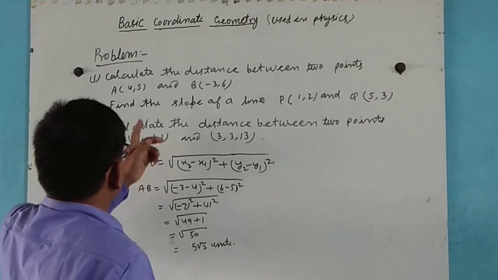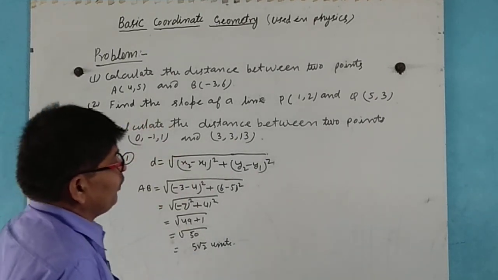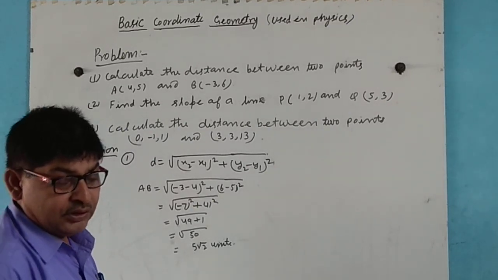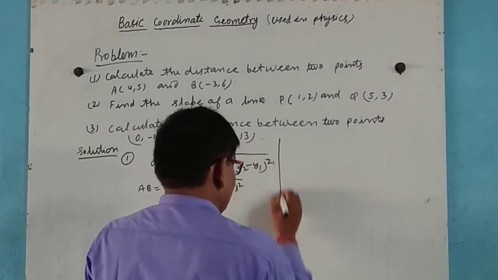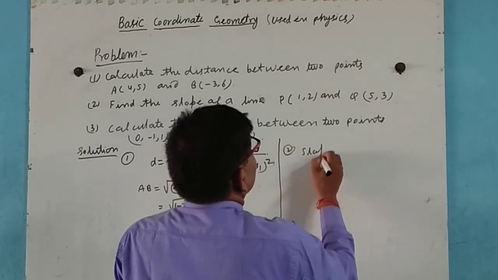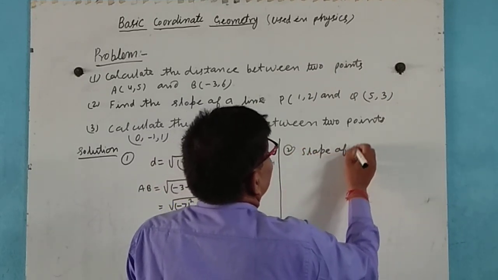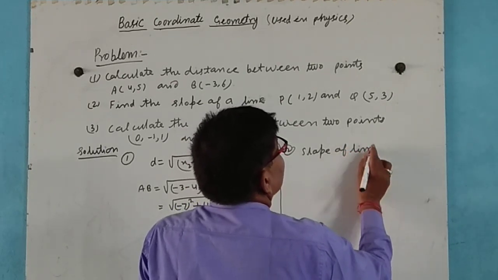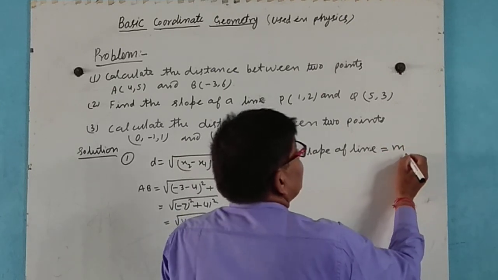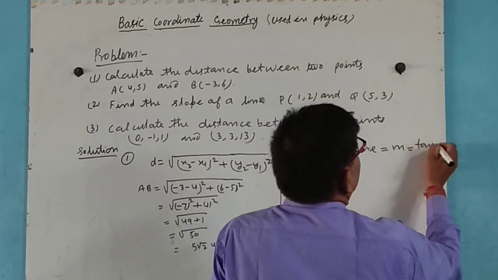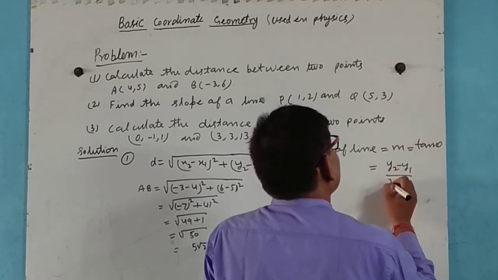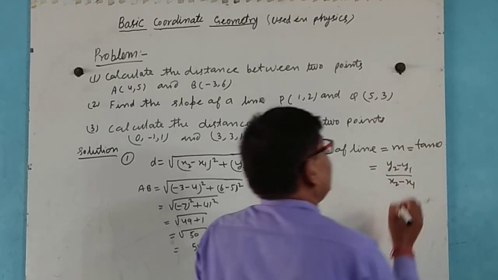Now second problem, find the slope of the line P and Q. As you know, slope of line m equal to tan theta. That is also equal to y2 minus y1 divided by x2 minus x1.